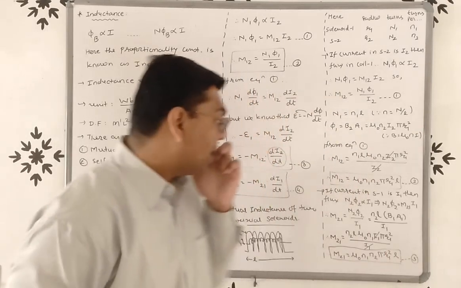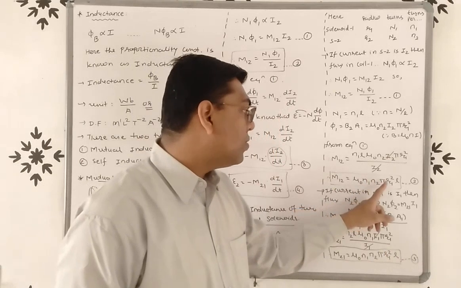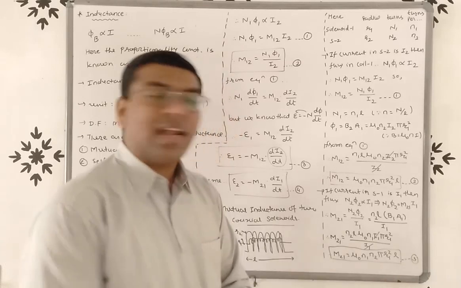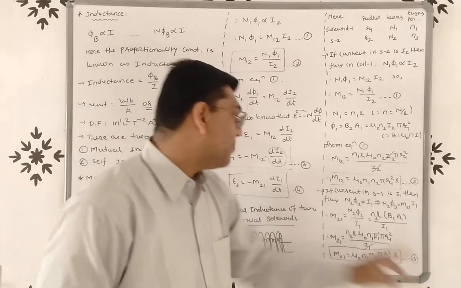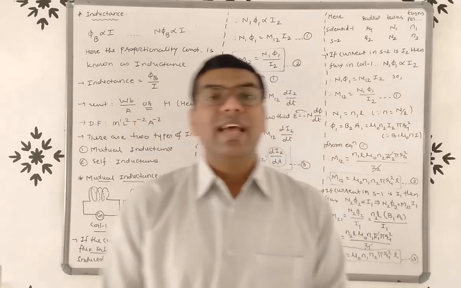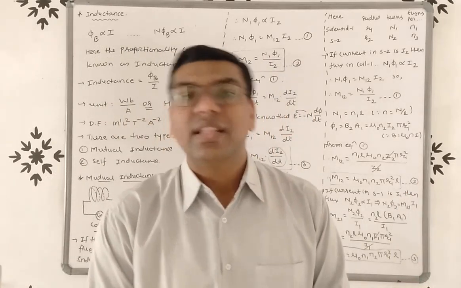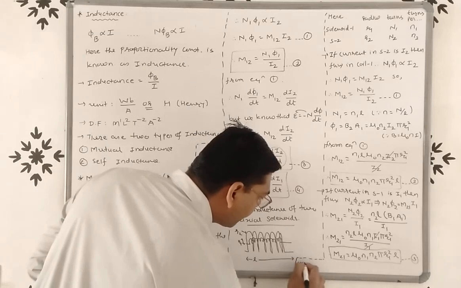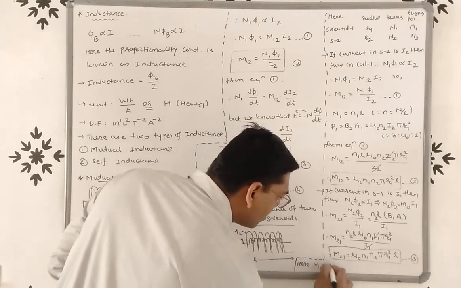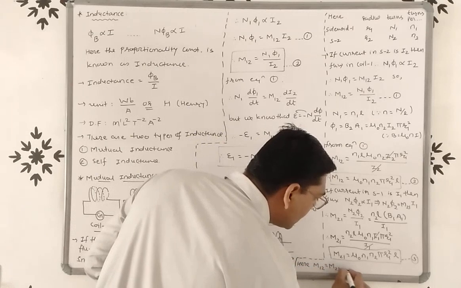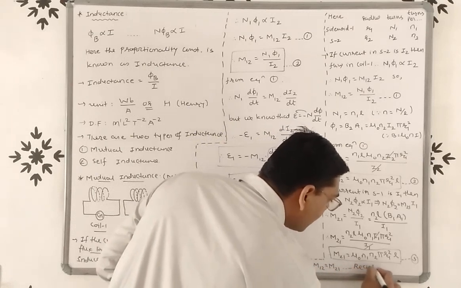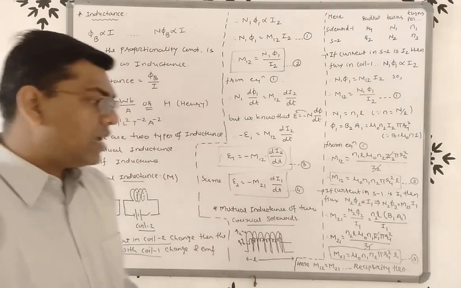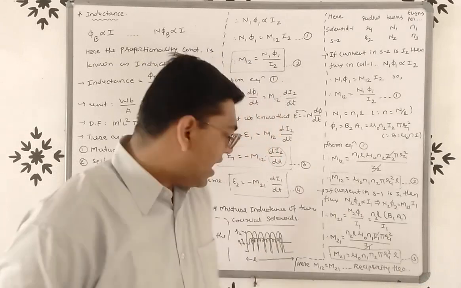Now see, friends, M12 is mu 0 n1 n2 pi R1 square L, and M21 is mu 0 n1 n2 pi R1 square L. So from equations 2 and 3, M12 is equal to M21, and this is known as the reciprocity theorem.